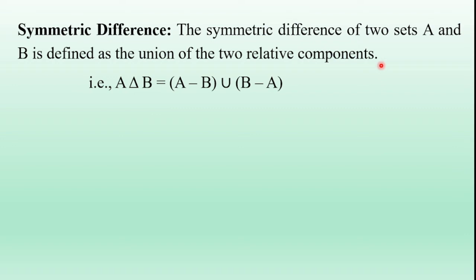A minus B is one relative complement, B minus A is the second relative complement. The union of the two relative complements, that is (A minus B) union (B minus A), is the symmetric difference of A and B.